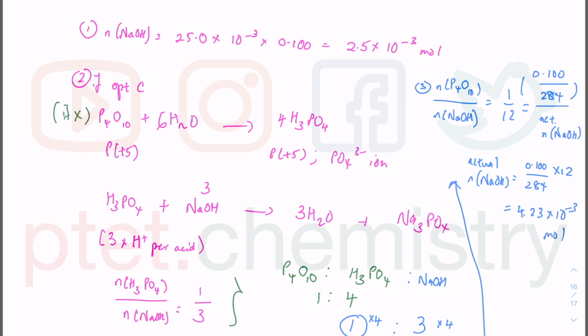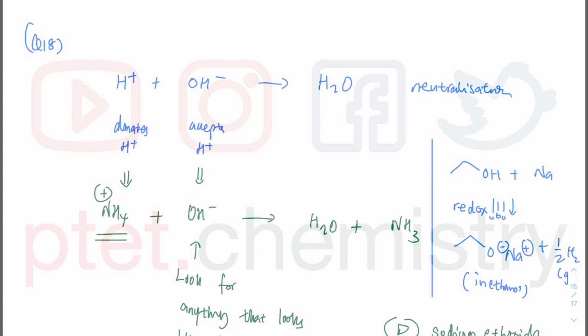So it means if you have 0.100 gram of this X in this mole ratio, you will need 4.23 times 10 to the minus 3 mole of NaOH. But this is the actual mole of NaOH that actually reacted with the acid produced from the oxide of the nonmetal. Having said that, you can see that these are not equal. So this is not 2.5 times 10 to the minus 3.